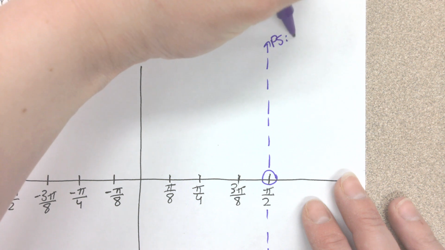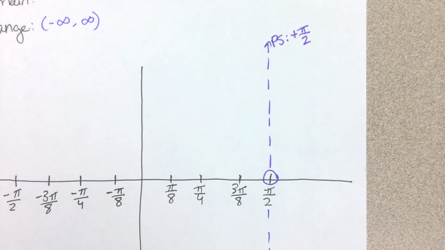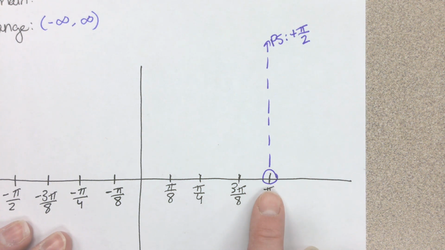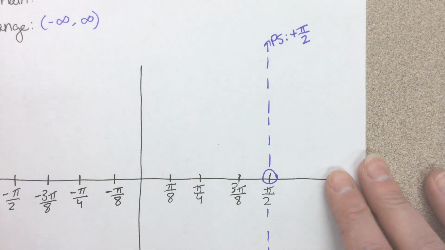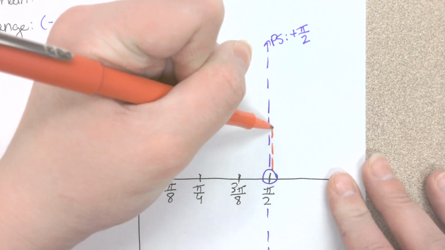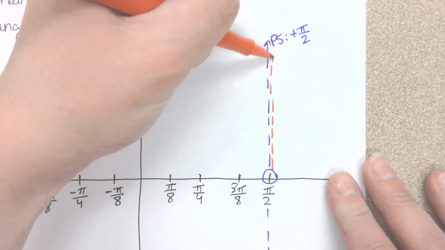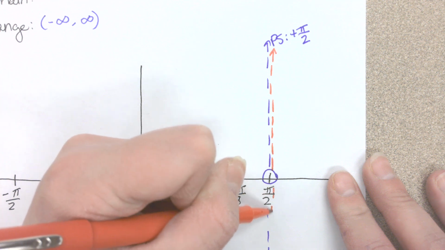Phase shift at positive pi over 2. We start at an asymptote for the cotangent graph. So I'm going to line over this in my red to show that it's also an asymptote along with the phase shift.